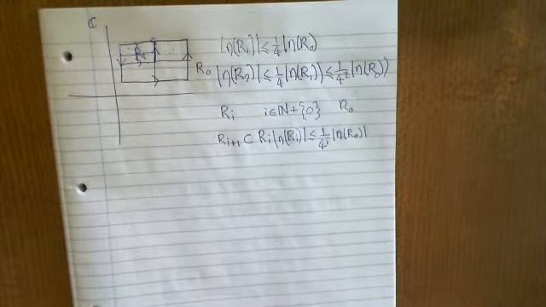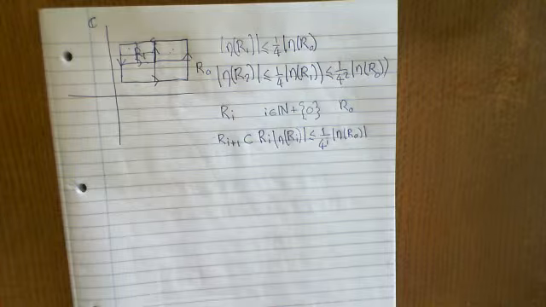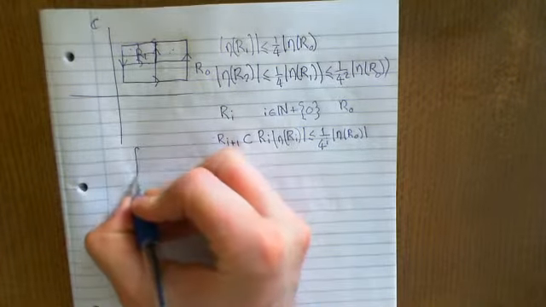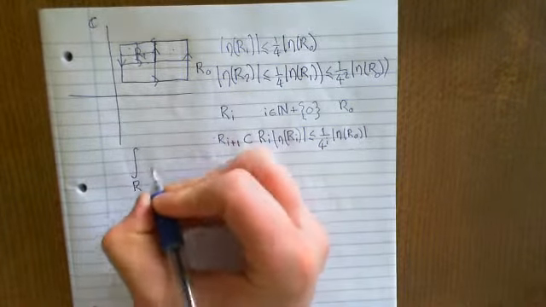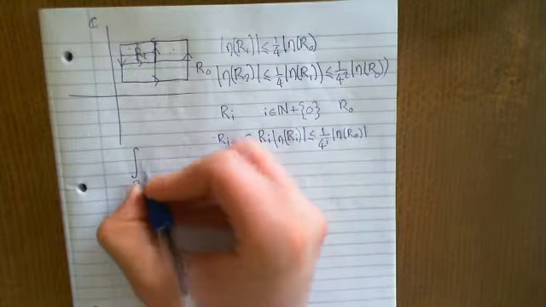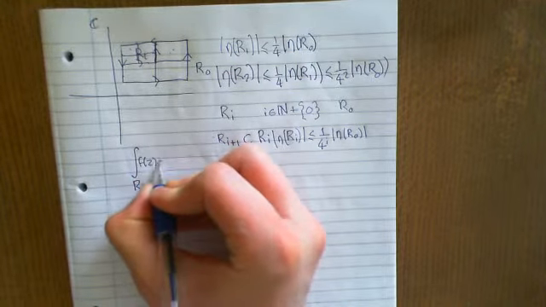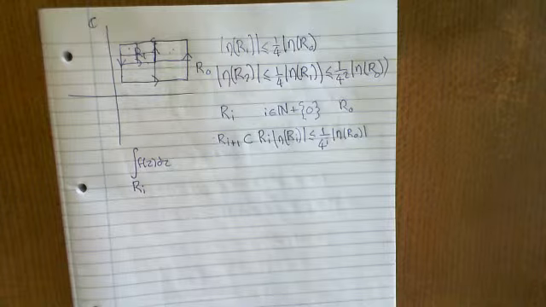Okay, so now what we want to do is we want to try and get an approximation for what the contour integral around Ri of f(z) dz is.